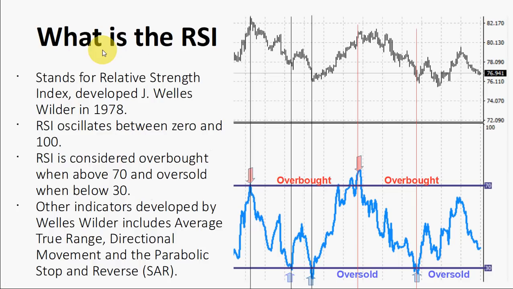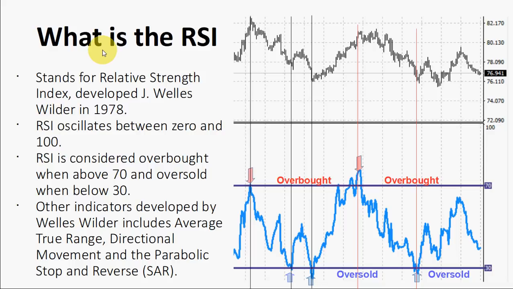Right. So what is RSI? It is developed by J. Wells Wilder in 1978. The relative strength index is a momentum indicator that measures the speed and change of price movement. It oscillates between 0 and 100.